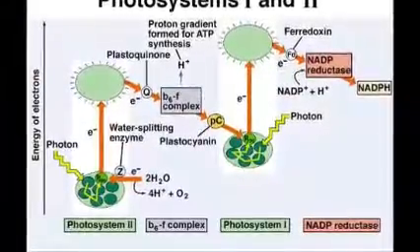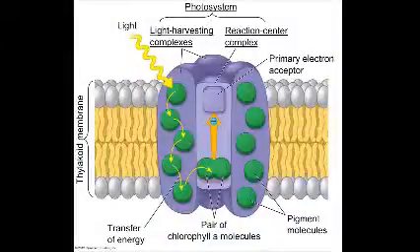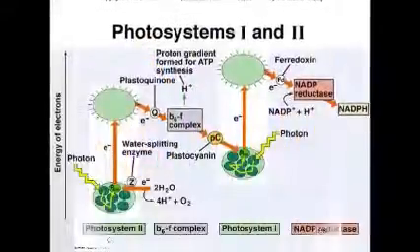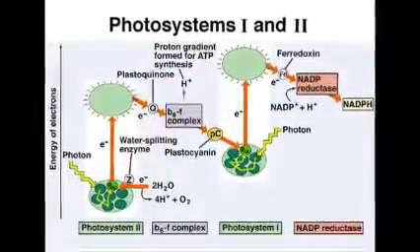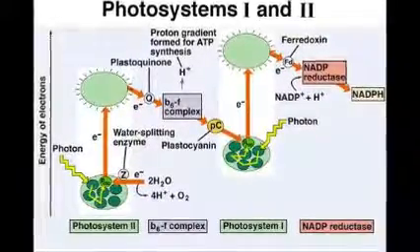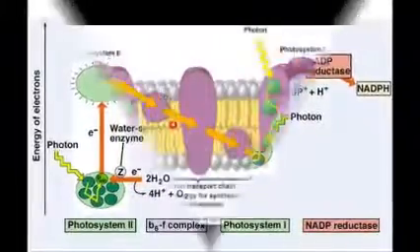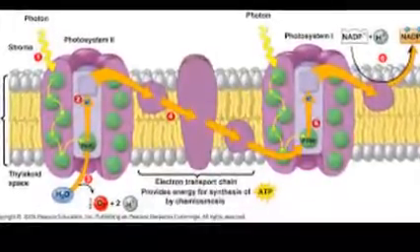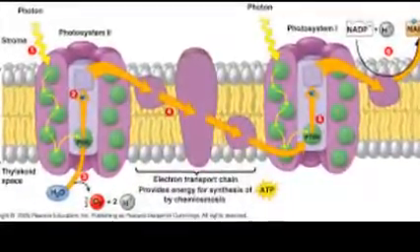But before photosystem 1 takes place, photosystem 2 must initiate the reaction. Photosystem 2 is first, while photosystem 1 is second. But due to the fact that photosystem 1 was discovered first, it acquired the title of photosystem 1 over photosystem 2.